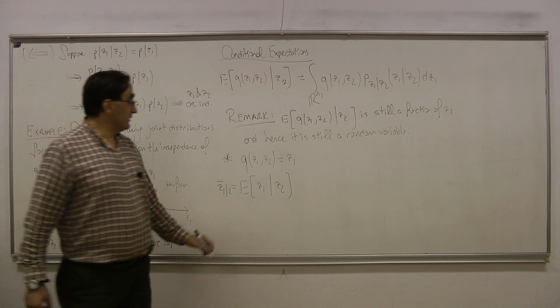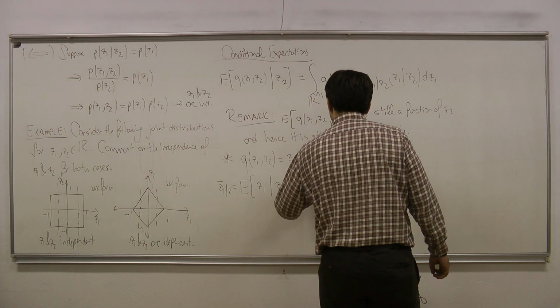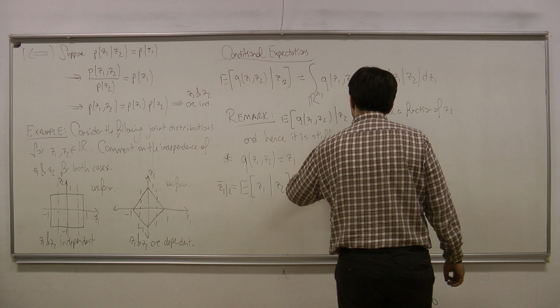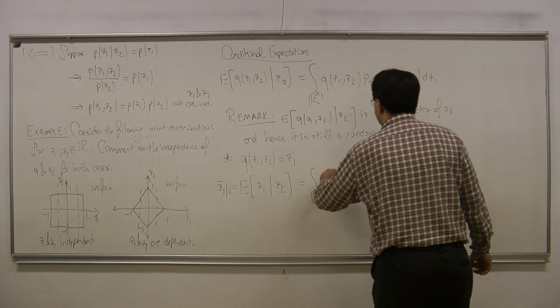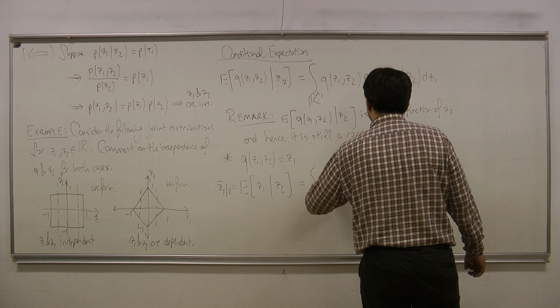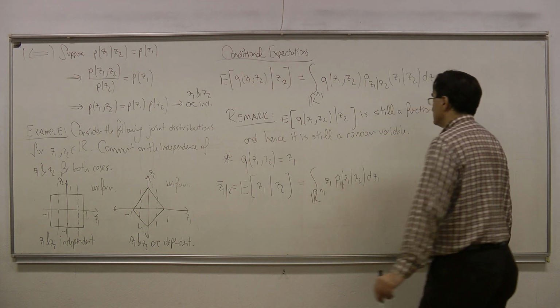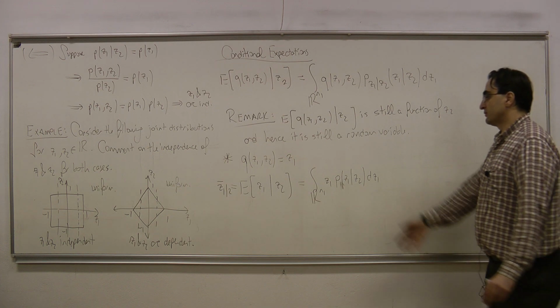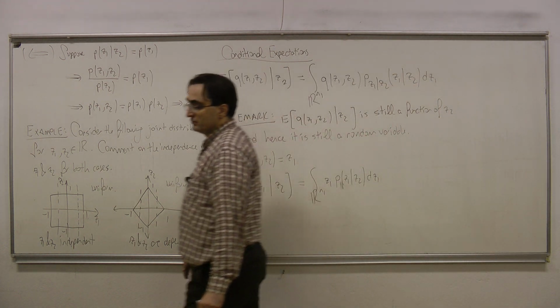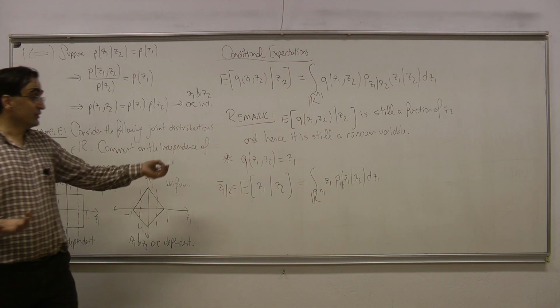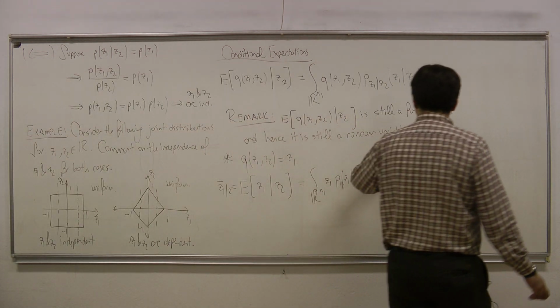If I write it as an integral, it is z1 times p of z1 given z2, dz1. This is the conditional expectation, or conditional mean, of z1 given z2.